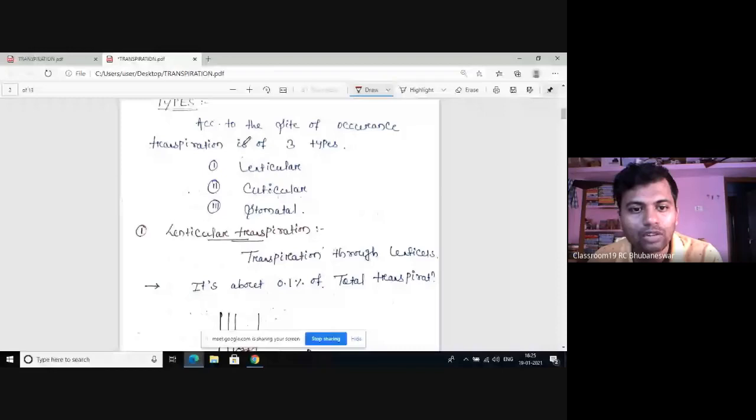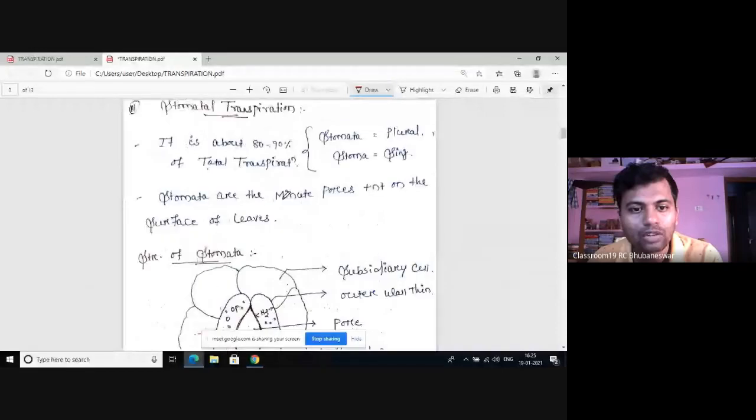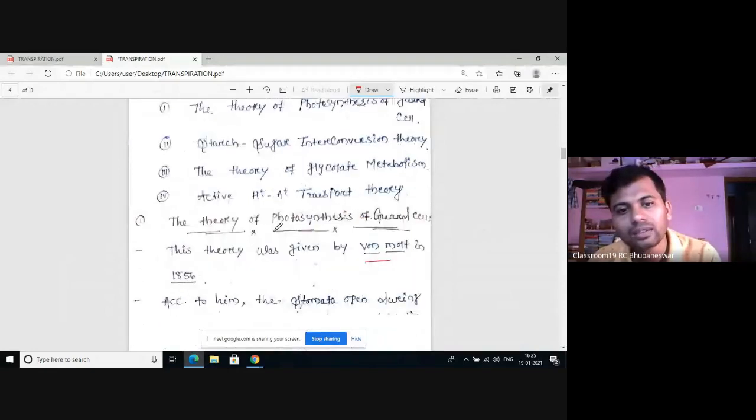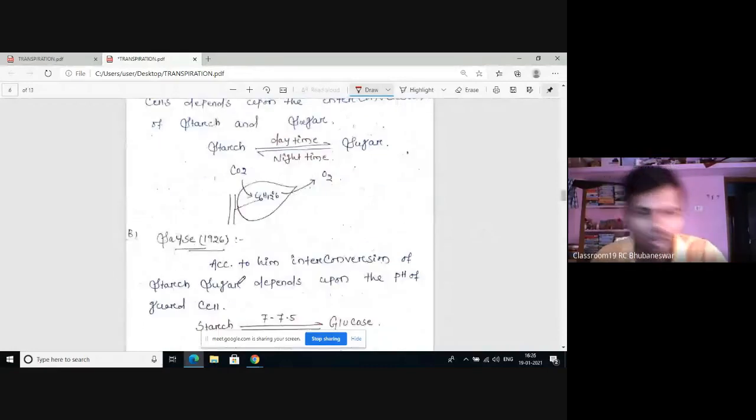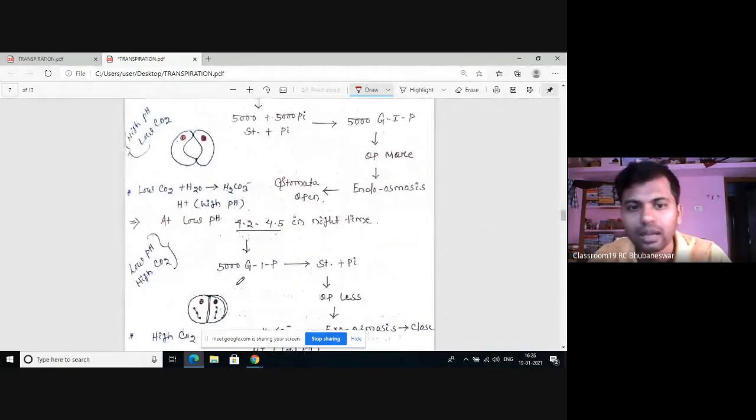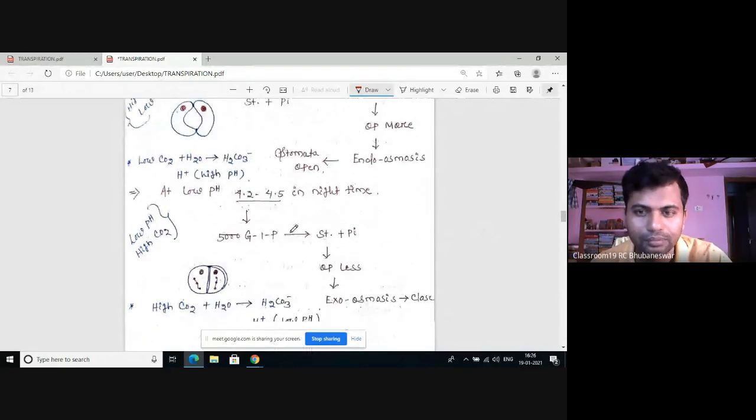After that you have to mention the mechanism under the theories: the theory of glycolipid metabolism, the active H plus K plus transfer theory. After that you have to directly explain the active H plus K plus transfer theory, and the rest of the theories are not valid. The H plus K plus transfer theory is the valid and more convincing theory explaining the mechanism of transpiration or opening and closing of stomata. Okay.